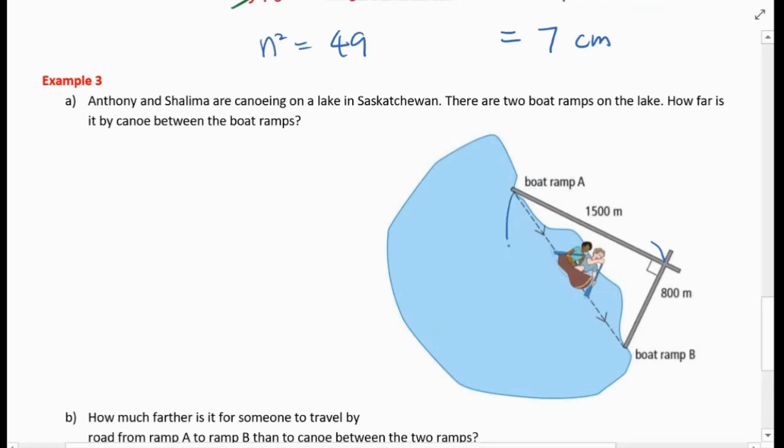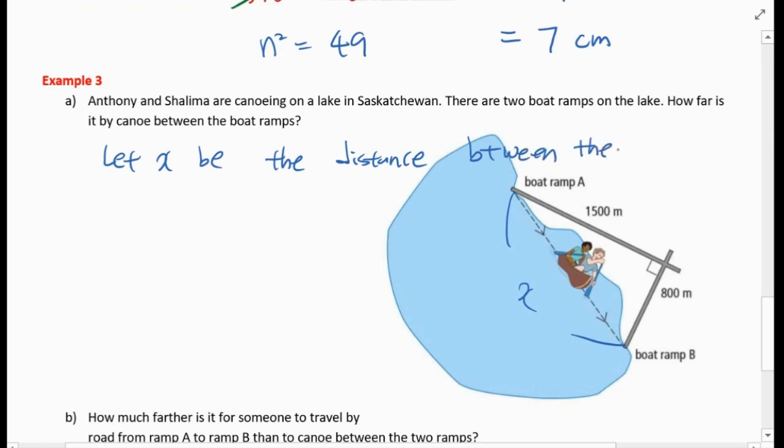So let this be x, and we're gonna define our x. Let x be the distance between the boat ramps.